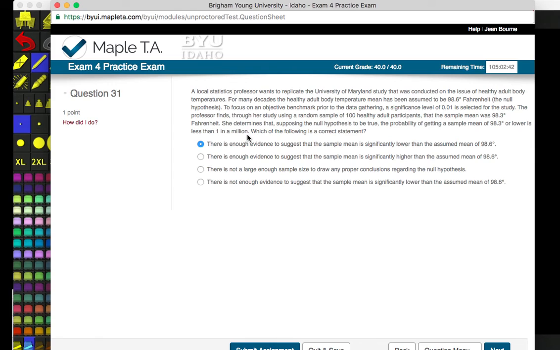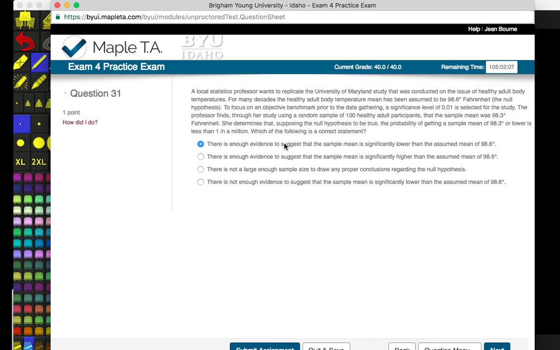So for all of those words, what you want to look at is the probability of getting a sample mean of 98.3. If it's less than this 0.01, then there is enough evidence to assume that the sample mean is going to be lower.